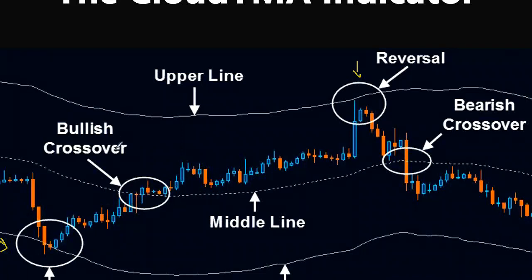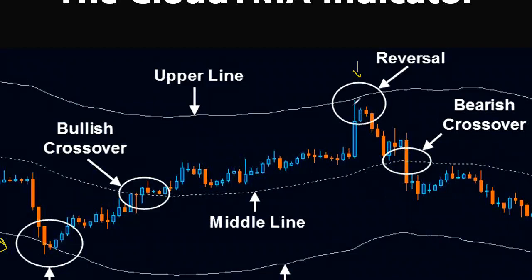In other words, we'd be setting ourselves up for a buy or long trade. And if price reverses off the uppermost band and crosses over the middle TMA dashed line, we're looking at a bearish crossover. And that would tell us that the market is trending downwards at that point and that we would be looking for a short or sell trade.